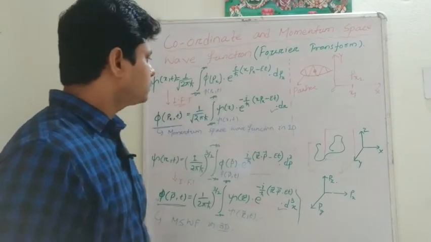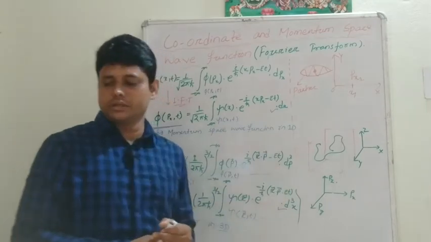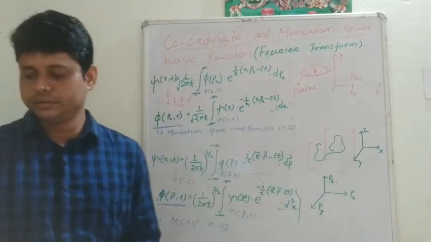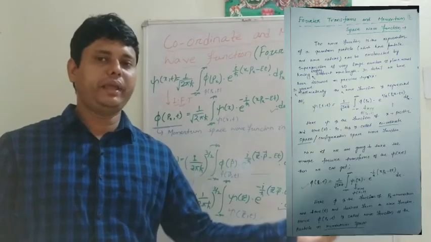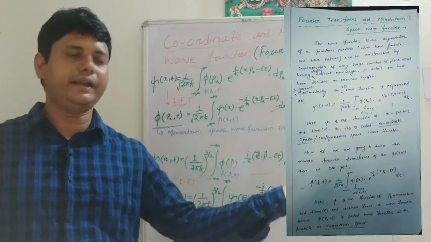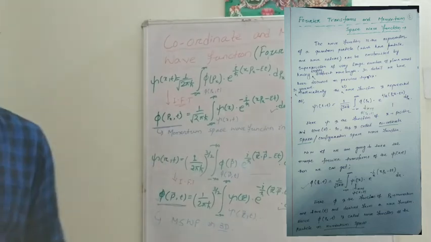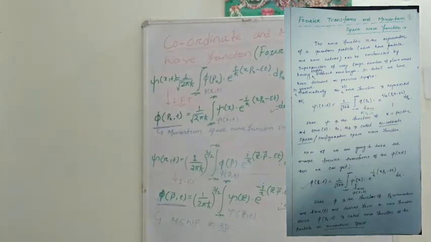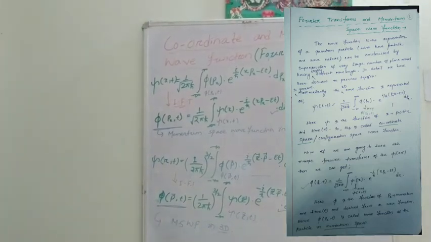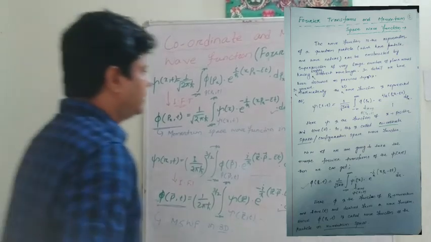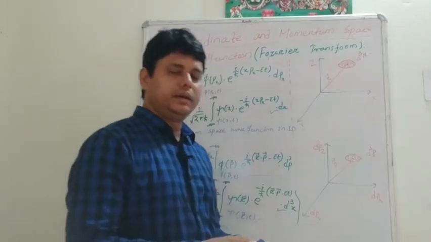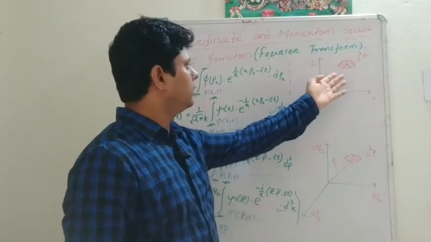Okay, so whatever I have discussed here, this is the one page I have written, you can write it in this page. Now we can represent the particle present in coordinate space.